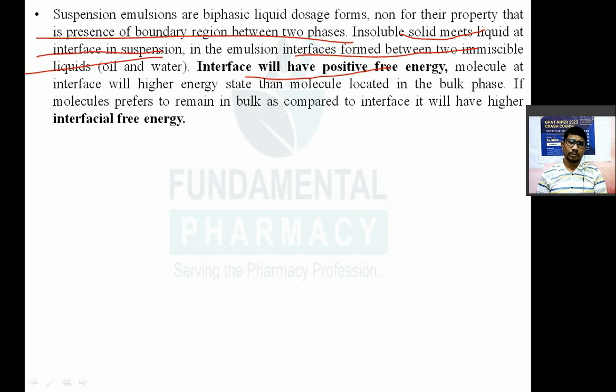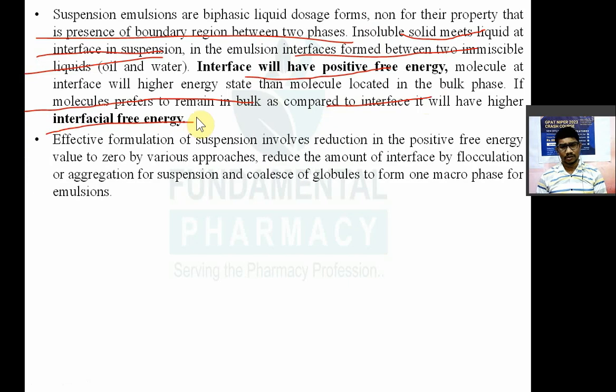If molecules prefer to remain in the bulk as compared to the interface, then it will have higher interfacial free energy. If molecules prefer to remain at the interface rather than the bulk of the liquid, it will have a lower interfacial free energy.